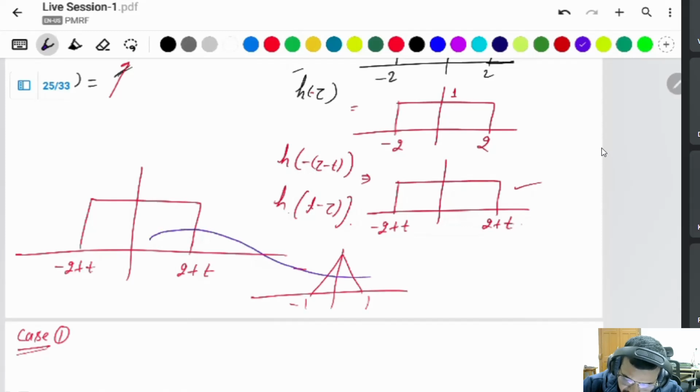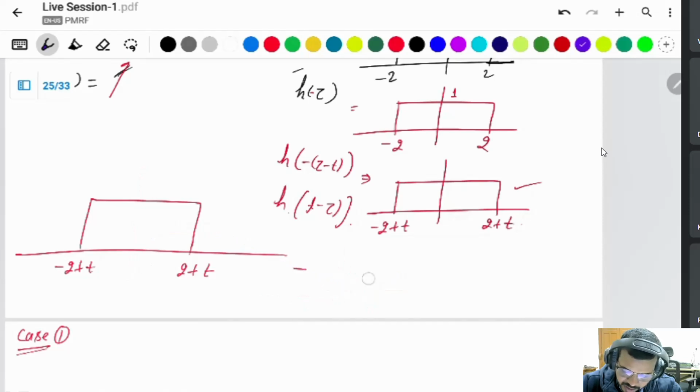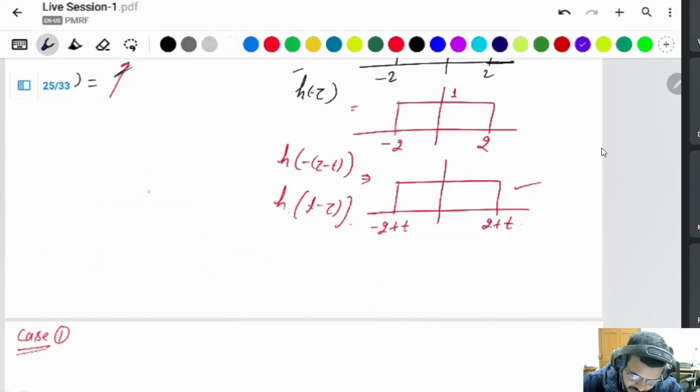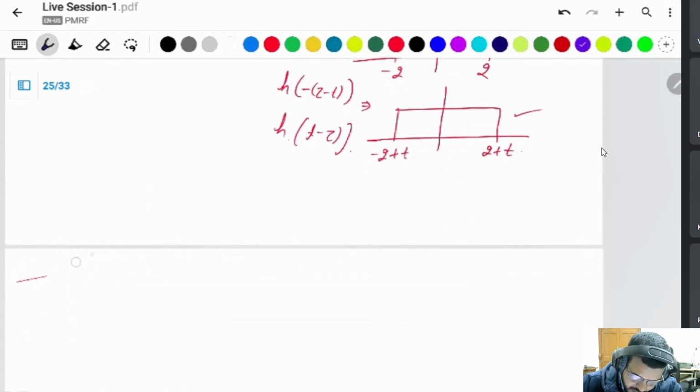How many cases are possible, we have taken here. If you want to go from this one to here, or you can see, let it.